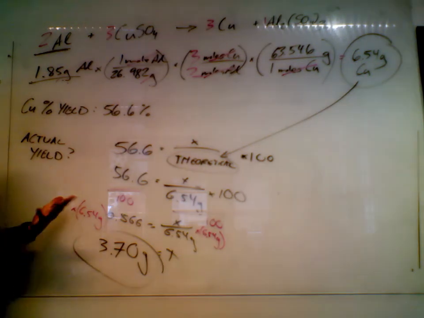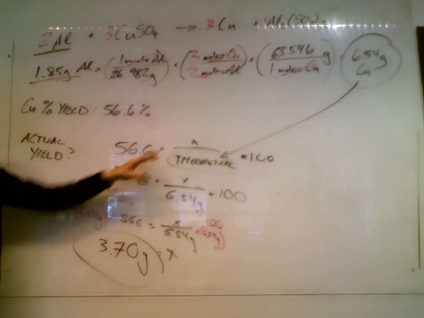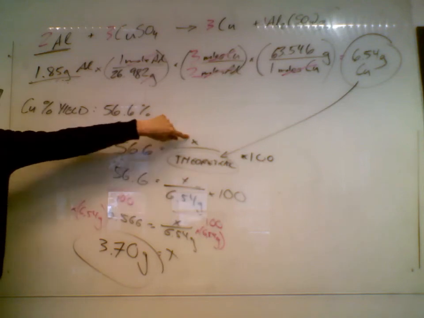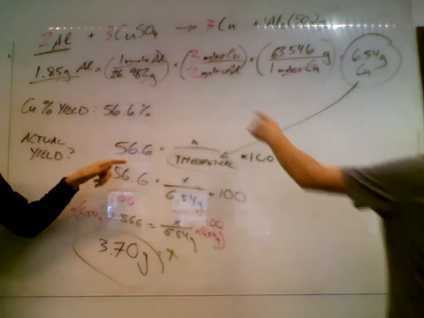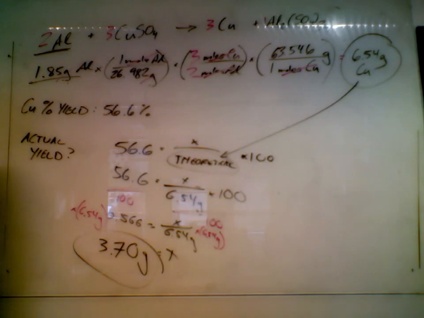I'll just give that to you. And I could say, what is the theoretical yield then? Then you just plug it in. You just do the reverse of this. You know this, you don't know that, so you don't have to do any of this, just do this. Exactly, it's a simpler problem.